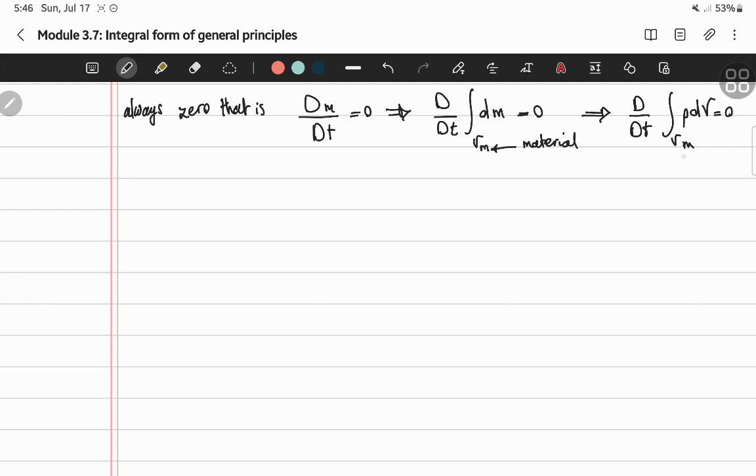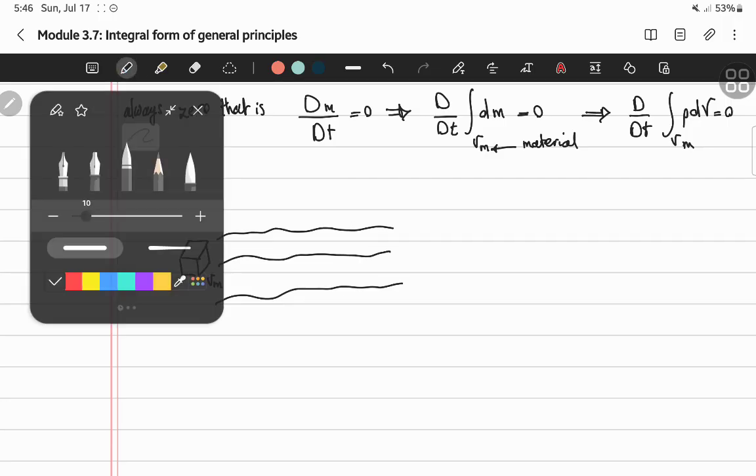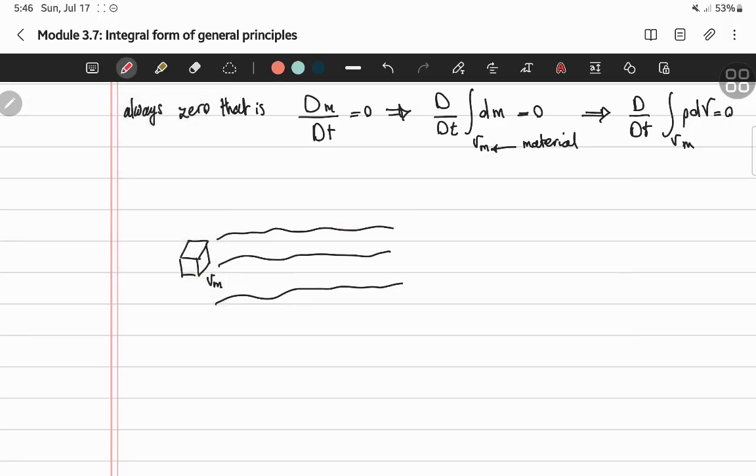Here we have selected a part of the material, Vm. Let's say that this is a part of a fluid, for example, because this can be best described within the concept of fluid mechanics. Then you have the same volume here, but we call it Vc, or control volume.